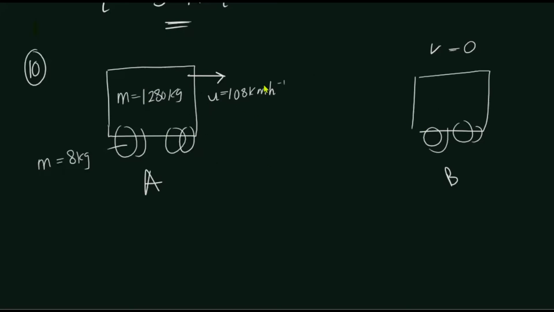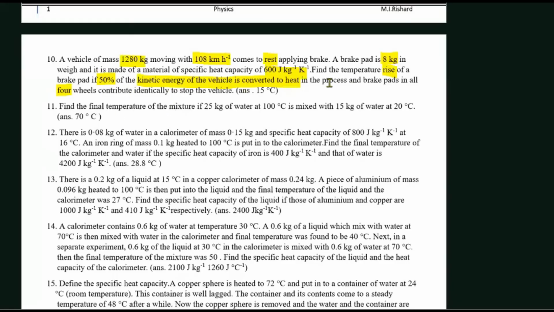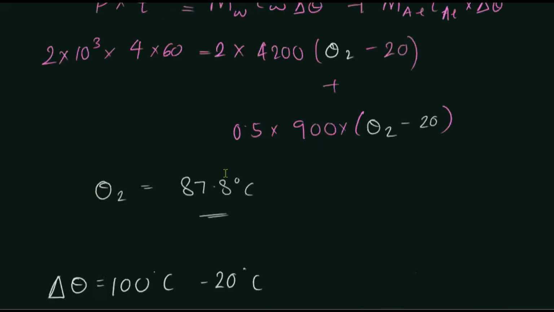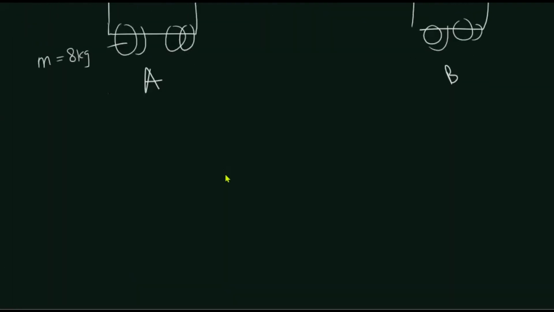They're saying 50% of this kinetic energy of the vehicle is converted to heat. So let us find that 50% of the kinetic energy. First of all, let's find the kinetic energy loss.